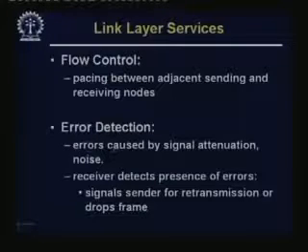Error detection, errors caused by signal attenuation, noise, etc. So, the receiver detects presence of errors, that is the error detection part. Now, once you detect that there has been some error, several things may happen.